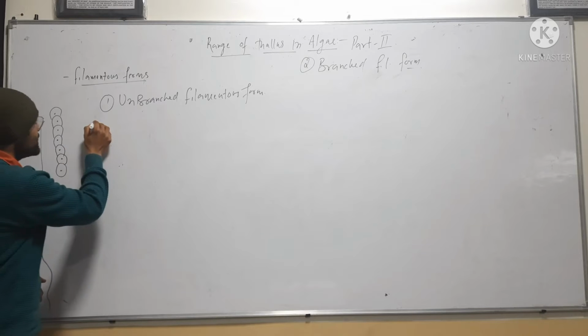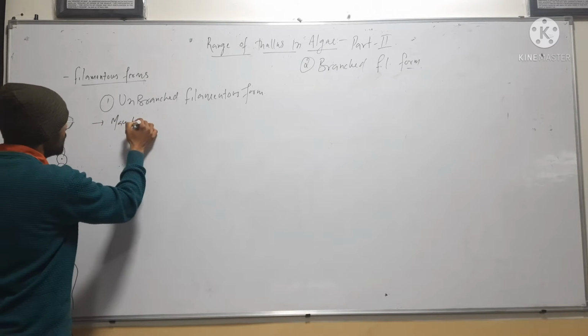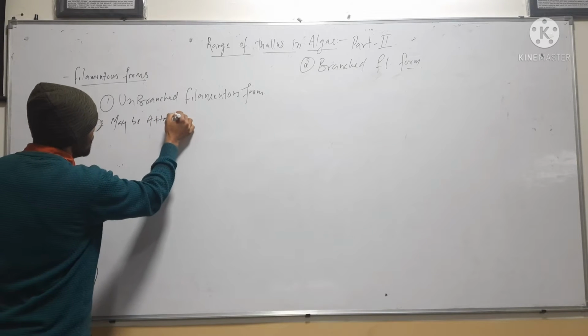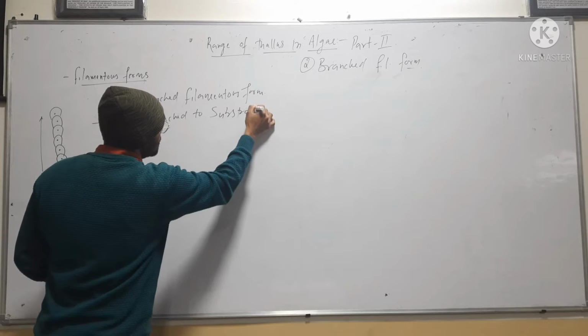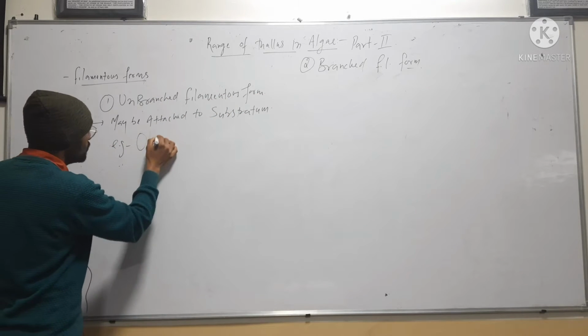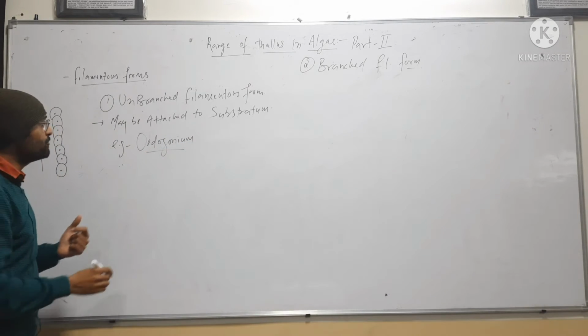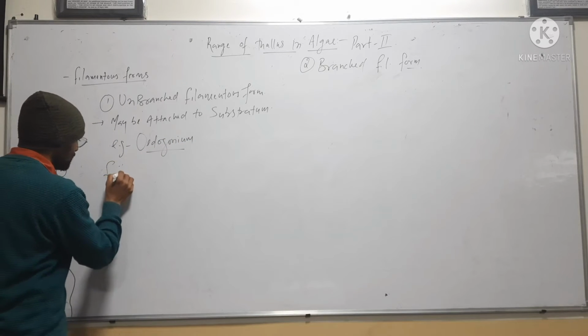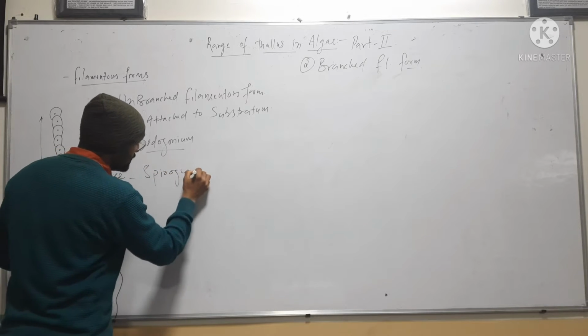These unbranched filaments may be attached to substratum, for example, Oedogonium, or they may be free, like Spirogyra.